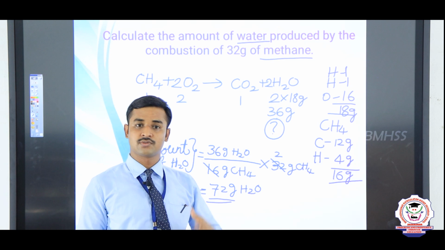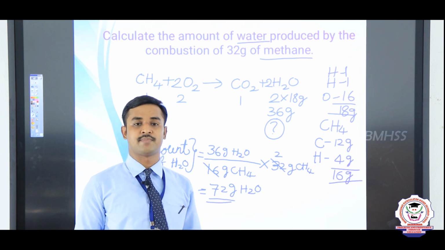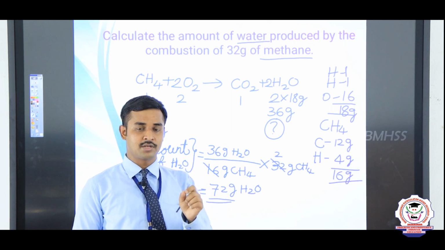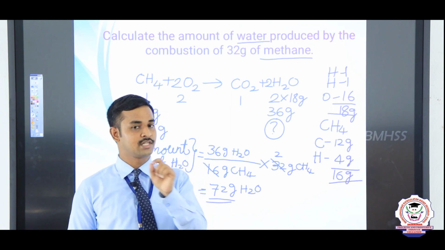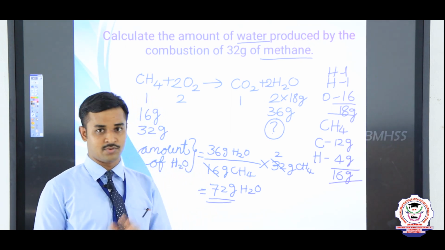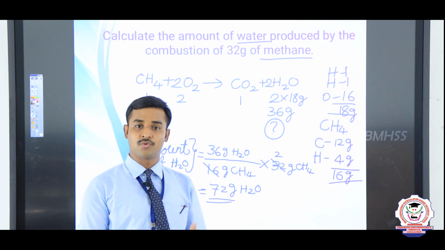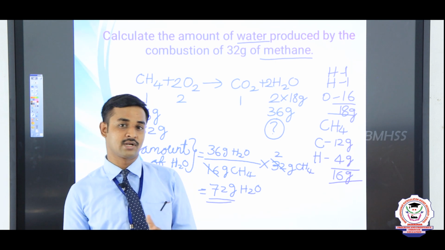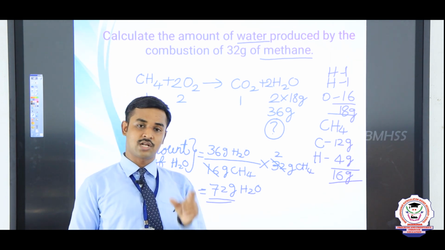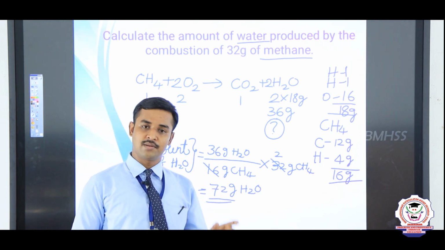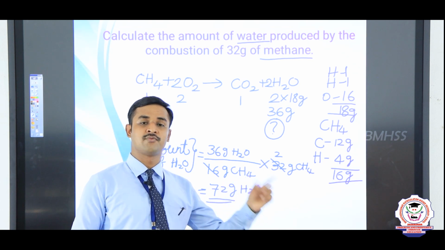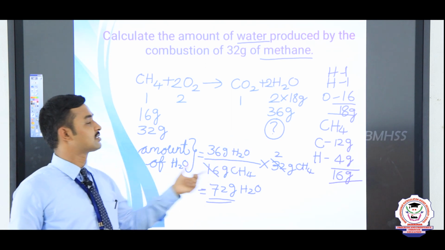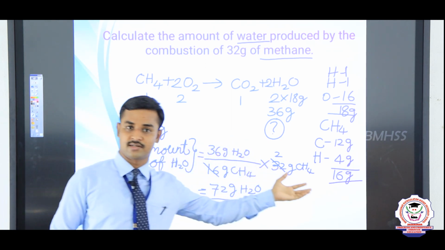For example, in the mole concept, the number of molecules is 6.023 into 10 power 23 molecules for 1 mole, and for 1 mole of any gas, the volume is 22.4 liters. So, the mole concept gives the number of moles, number of molecules and volume along with molar mass. The mole concept is closely related to stoichiometric calculations.